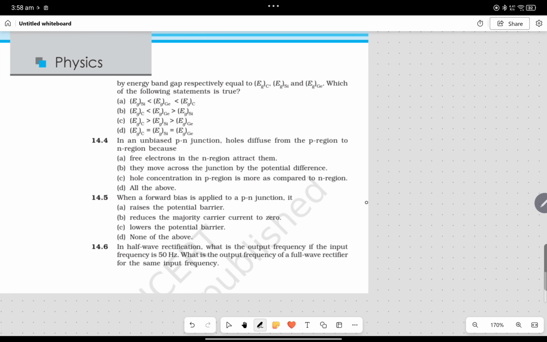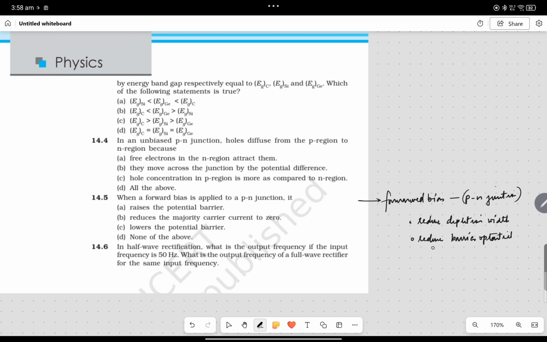So here the thing is, if forward bias is applied to a PN junction, first of all it reduces the depletion width, and with that it also reduces the barrier potential.